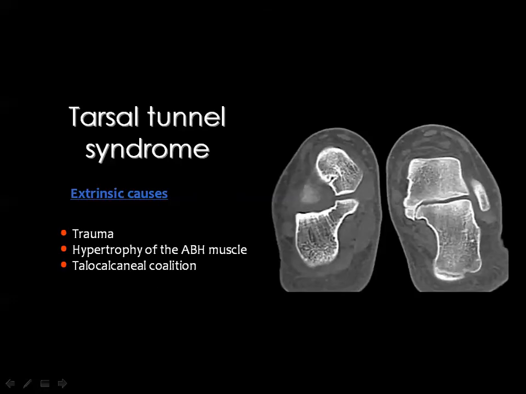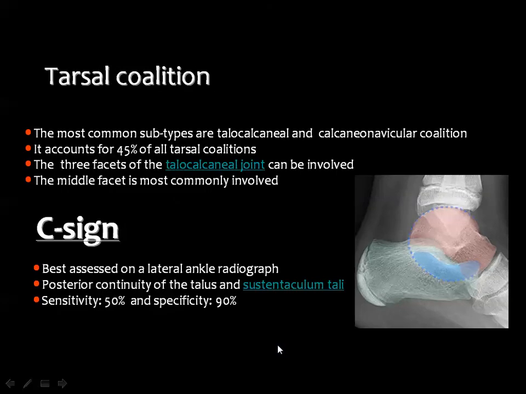The most common is the coalition between the talus and the calcaneus, and this is the normal appearance of the talus and calcaneus, and this is the coalition, which will result in a bony protrusion that will encroach significantly on the tarsal tunnel. The most common subtypes of tarsal coalition are the talocalcaneal and the calcaneonavicular coalition, and these two account for 45% of all tarsal coalitions.